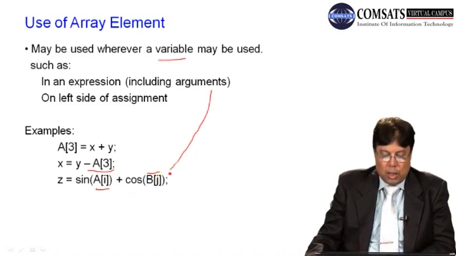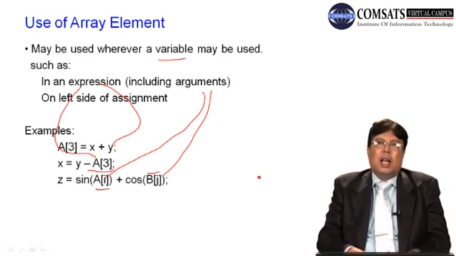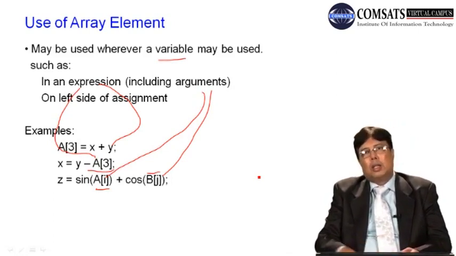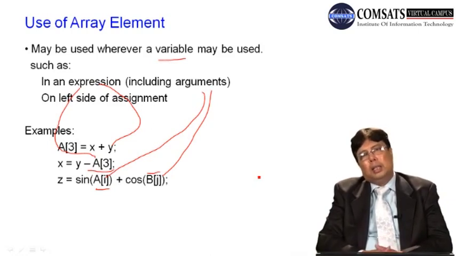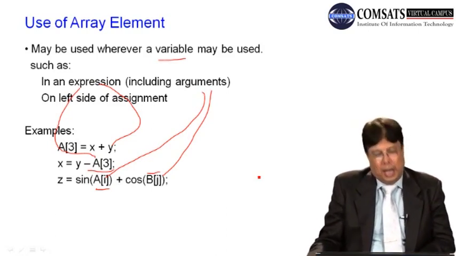So we can use it as an argument. We can just use it in the expression either here, or we can use it in the expression here. So we can use it anywhere where a variable fits in. जहाँ जहाँ वेरिएबल आप यूज कर सकते हैं वहाँ पर आप अरे का एलिमेंट यूज कर सकते हैं, क्योंकि अरे का एलिमेंट भी प्रैक्टिकली सर्व्स जस्ट लाइक अ वेरिएबल.